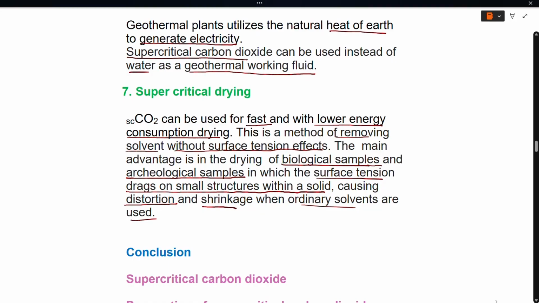Therefore, especially biological samples and archaeological samples do not get damaged, because if some other solvents are used, because of their surface tension, some of the material will be pulled up along with the solvent, or you can say that it causes some distortion in the substance from which it is being extracted, as well as shrinkage too. These can be avoided if supercritical carbon dioxide is used.